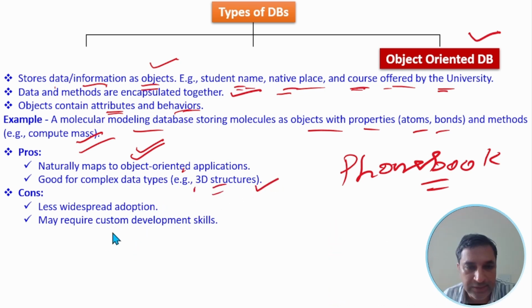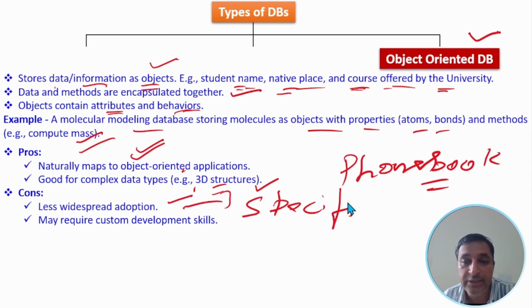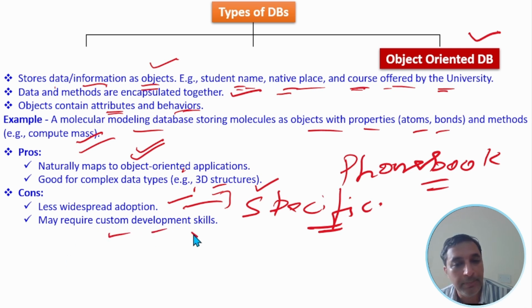However, there are certain cons or disadvantages when designing such object-oriented databases. There is less widespread adoption because they perform very specific functions. For learning those specific functions, one needs to attain certain skill sets, so the development of these databases can require custom development skills.